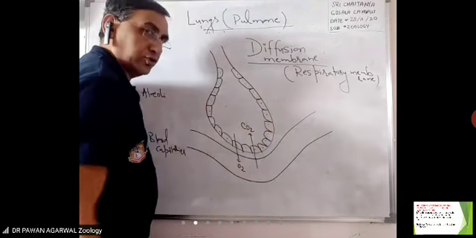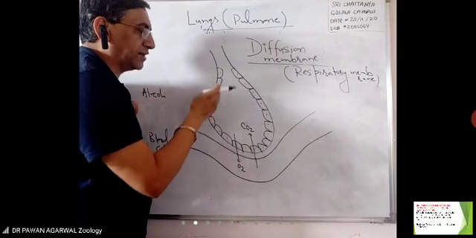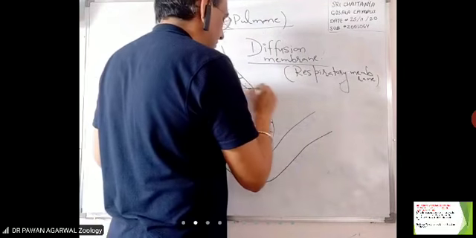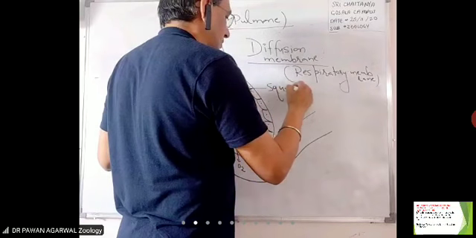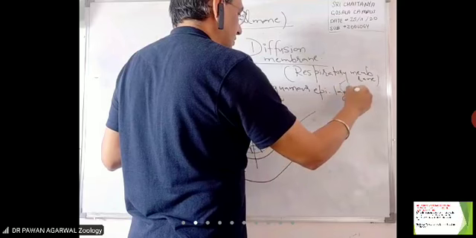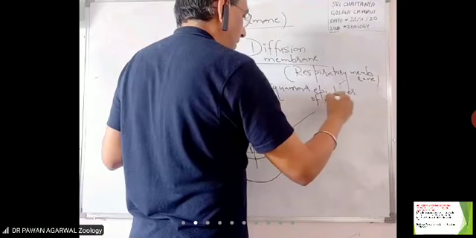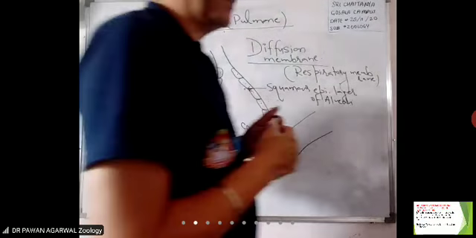So this is the squamous epithelial layer of the alveoli.